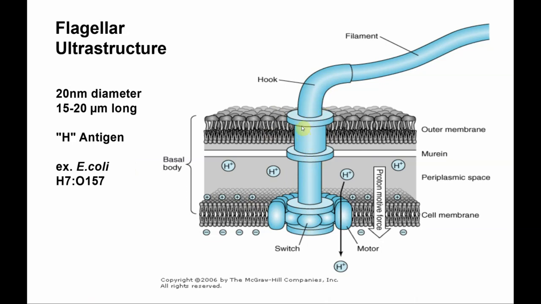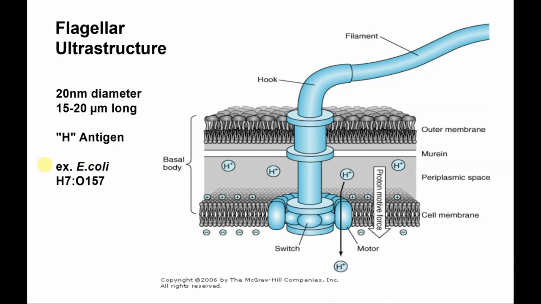And then after the axle emerges from the external membrane, there's a kind of hook structure which will curve around the filament, and then the main filament, which is about 15 to 20 microns long, is just going to be floating around outside the bacterial cell. So these are quite big, quite long structures. They're thicker and much longer than pili. To get an idea of the length, 15 to 20 micrometers is probably about 5 to 10 times the length of the bacterial cell. So this is really massive compared to the size of the bacteria.